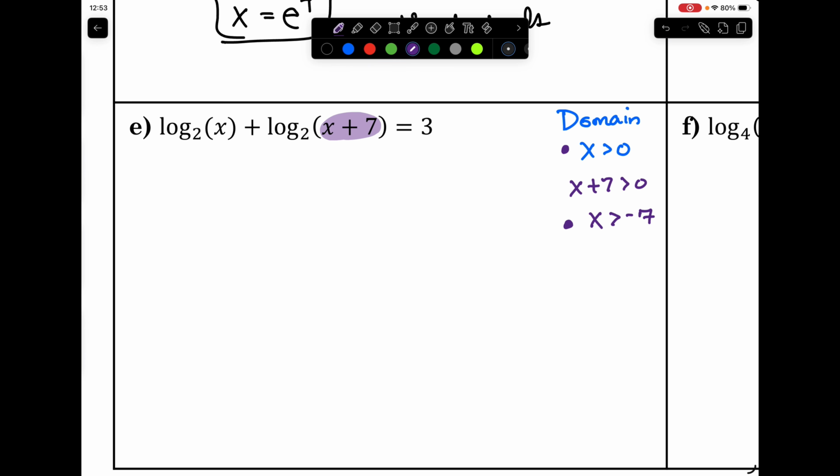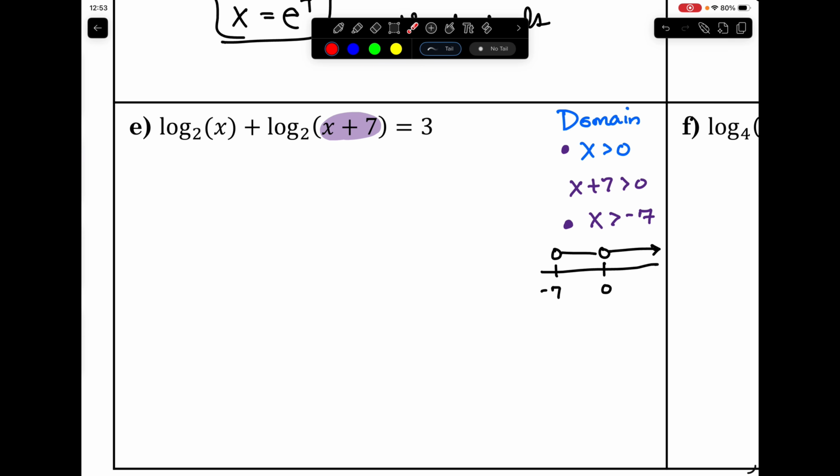That x has to be a number bigger than 0, and that same x has to be a number bigger than negative 7. So if I look at this as a number line, just so I visualize, I have 0 here, and I have negative 7 there. So I need the numbers to be bigger than 0, not including 0, and I need the numbers to be bigger than negative 7, not including negative 7. Okay, so I need to make sure that it satisfies both conditions, not one or the other, but both.